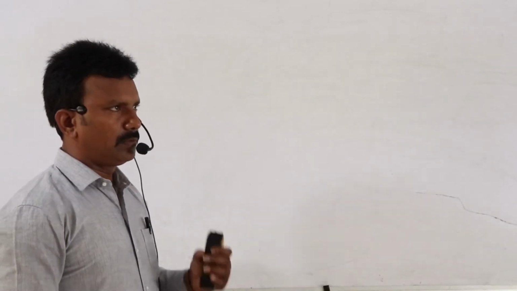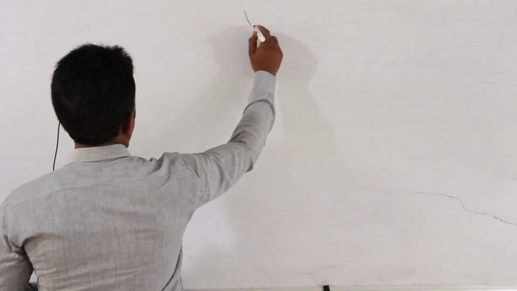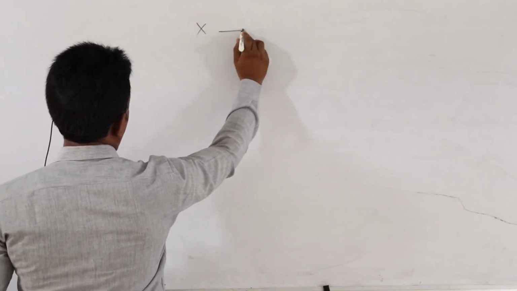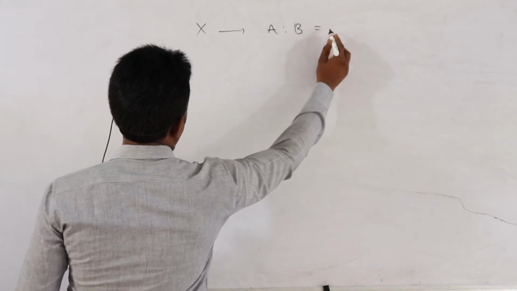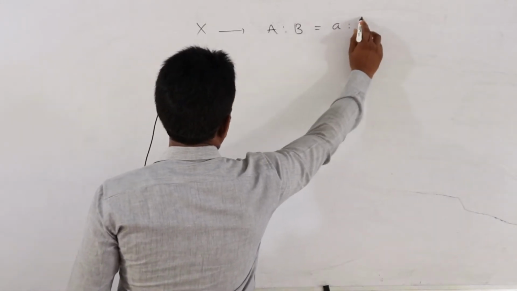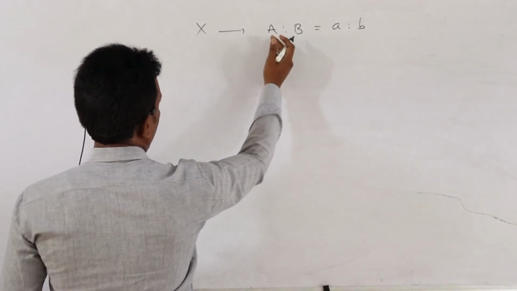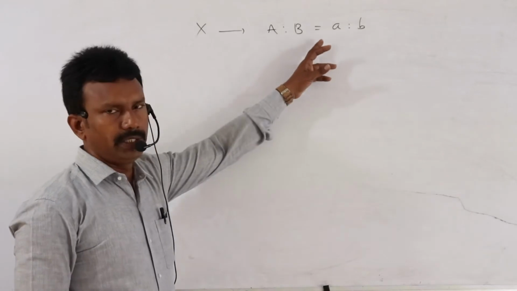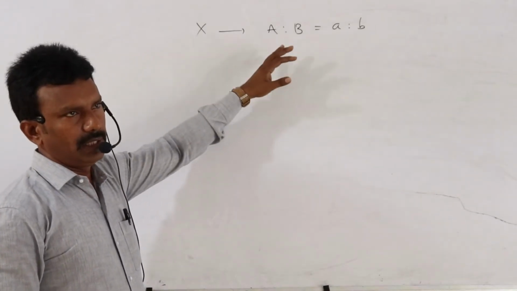One more shortcut we are following. Some amount X rupees is divided between two persons A and B in the ratio A is to B. For this type of problem we follow a simple shortcut.